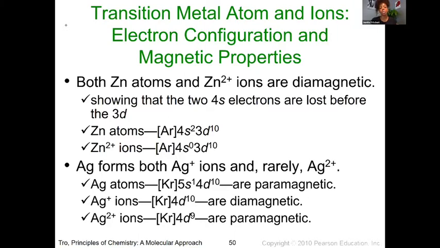But in the silver plus ion, we've kicked out that one electron, and the result is no unpaired spins, so it is diamagnetic. For the silver 2+ ion, we are now dipping into the D sublevel and creating one unpaired spin, so it too would be attracted to the magnetic field.